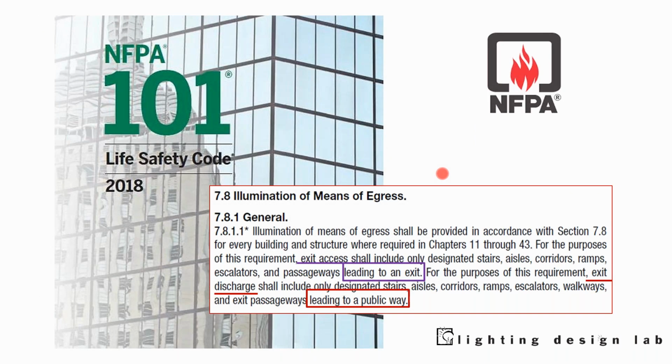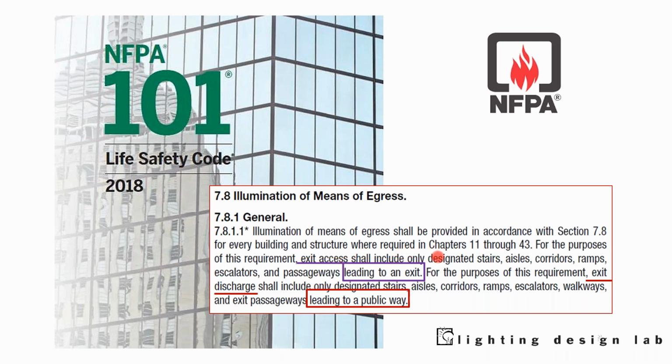So the National Fire Protection Agency Life Safety Code covers lots of things, but one area that it covers is egress, how to get out of a burning building, basically. There are two phrases that come up. One is exit access, and the other is exit discharge.